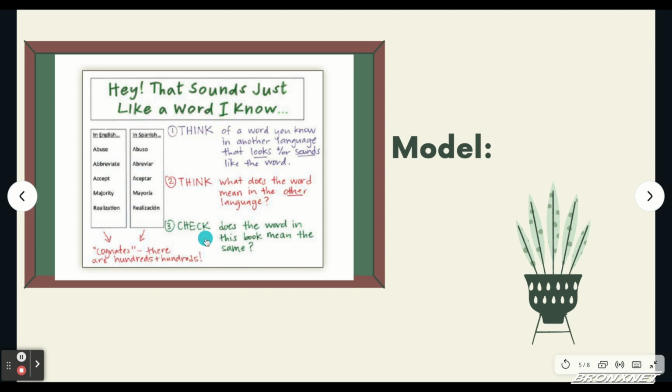And the third step, I asked myself, does the word in this text mean the same? I went back to the sentence, I read it again, and made sure that it sounds fine.